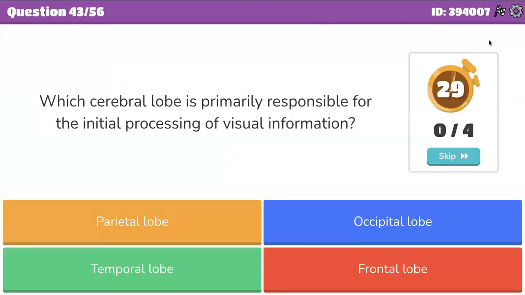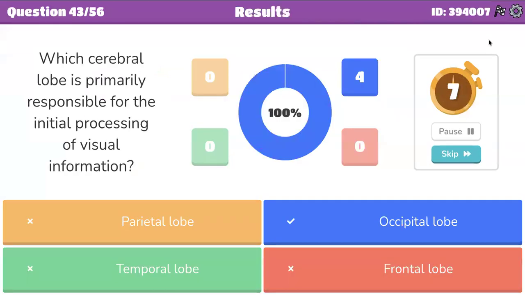Which cerebral lobe is primarily responsible for the initial processing of visual information? The occipital lobe.